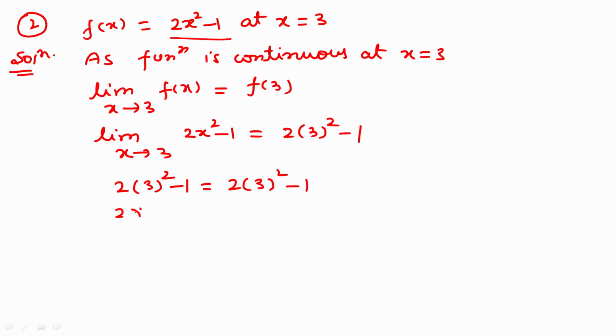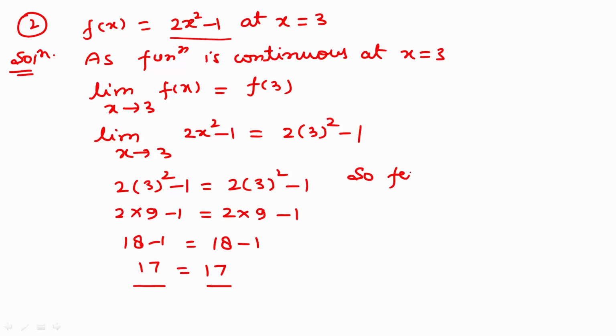This will be equal to 2 into 9 minus 1. 2 9s are 18 minus 1 is equal to 18 minus 1. This will be equal to 17 is equal to 17. Left hand is equal to right hand. So function is continuous for the given particular point. So function is continuous at x is equal to 3.